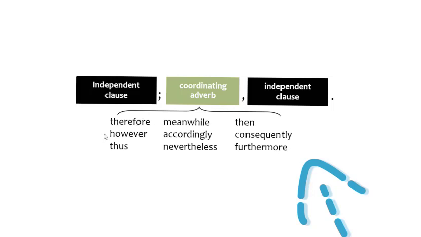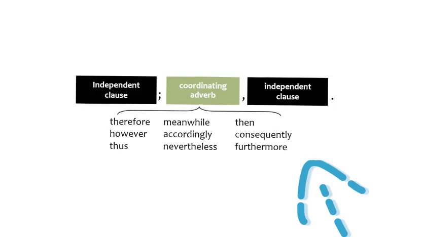It's important to remember that each one of these coordinating adverb terms has its own meaning. So you cannot just use any type of adverb, because you want to acknowledge the relationship between these 2 sentences. Depending on what each of the sentences states, it'll determine what kind of adverb you're going to use.